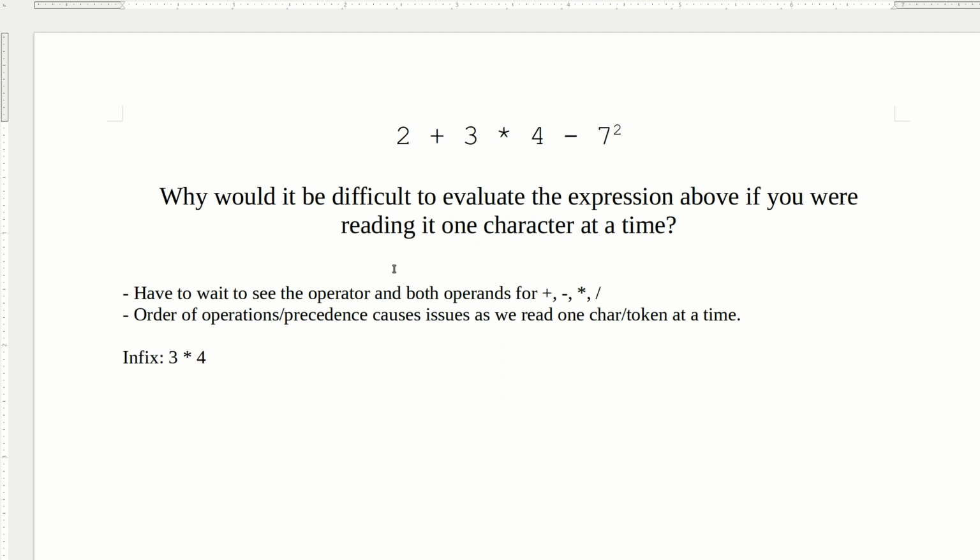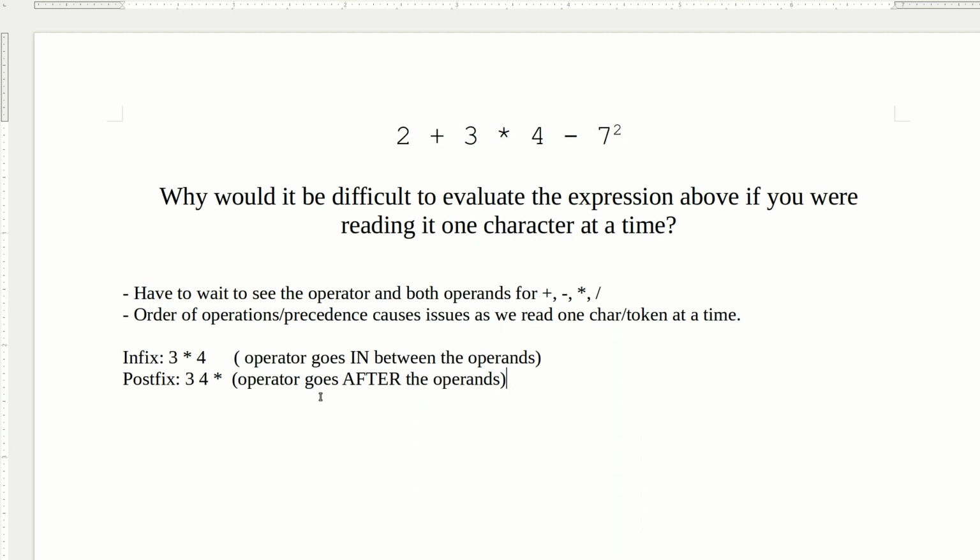In computing, we'll often find it very helpful to use another notation called postfix, which is where we provide all the operands, like 3 and 4, and then the operator. So in infix, operator goes in between the operands. In postfix, the operator goes after, or post, the operands.